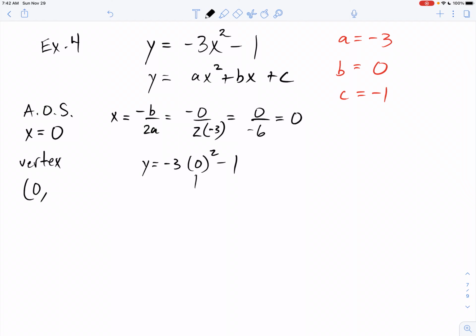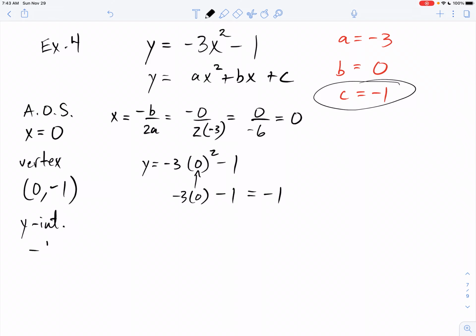Well, nothing squared is nothing, times -3 is still nothing, minus 1. The only thing that's going to come out is -1. So I go, oh, okay, -1. And my y-intercept, wait a minute, my y-intercept is at -1. So this is why I wanted to make sure we saw one of these. Because when I go to sketch this graph, I know this graph is going to go downward. I know that.